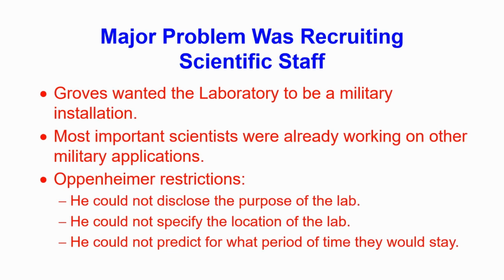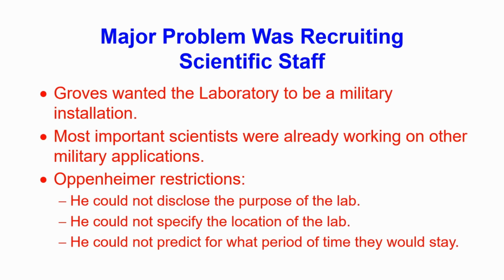The major problem that Oppenheimer had was that Groves wanted the laboratory to be a military installation. And initially, Oppenheimer was okay with that. In fact, the scientists would actually be wearing uniforms. Well, that was a real problem because the scientists weren't at all ready to work under military authority.